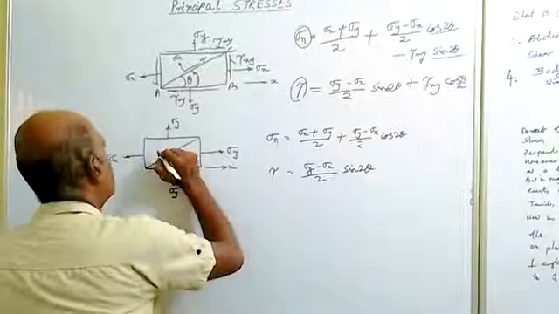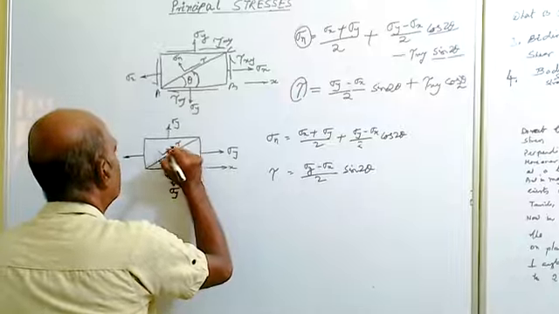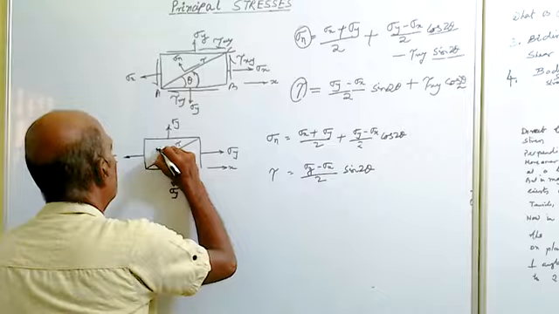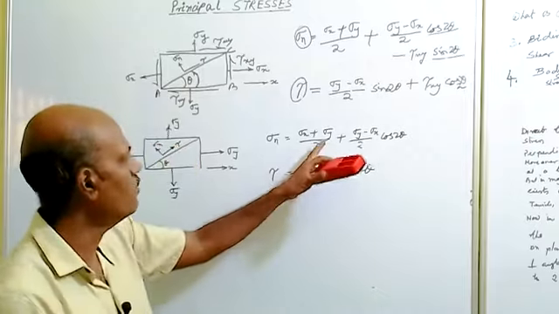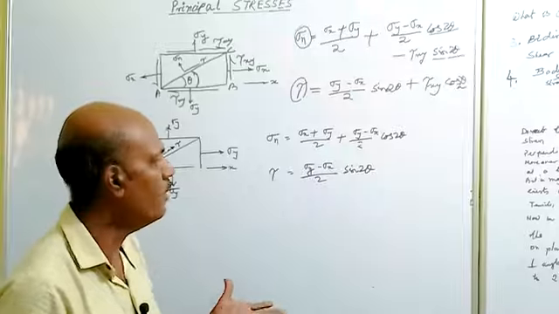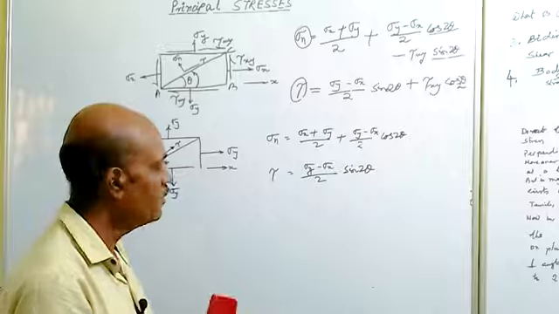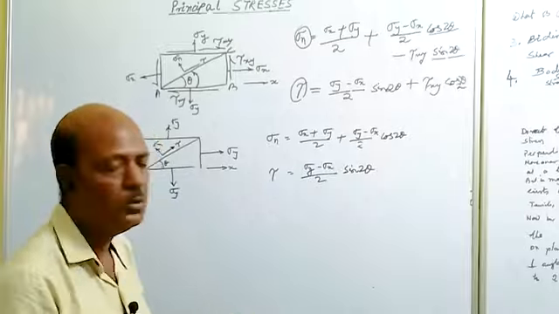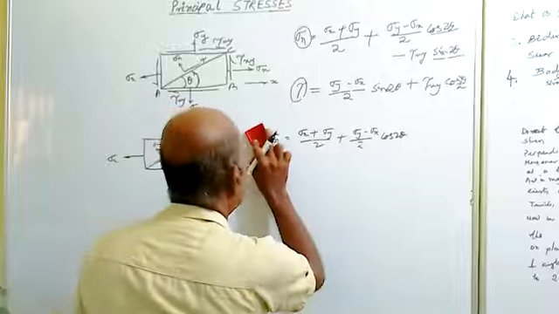That means on the inclined plane, sigma n and tau are developed, so sigma n can be expressed by (sigma x plus sigma y)/2 plus (sigma y minus sigma x)/2 cos 2 theta, and tau is given by (sigma y minus sigma x)/2 sin 2 theta.